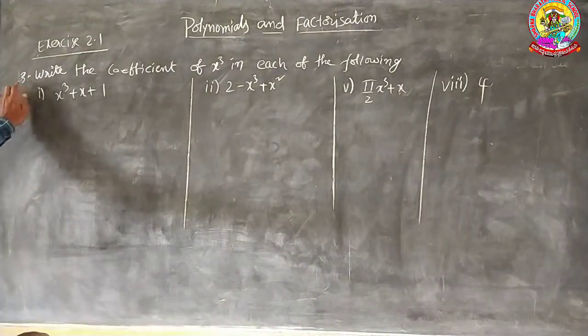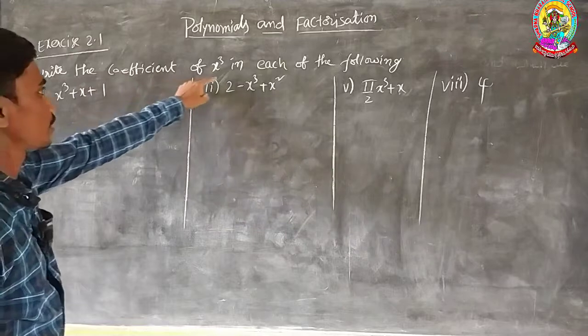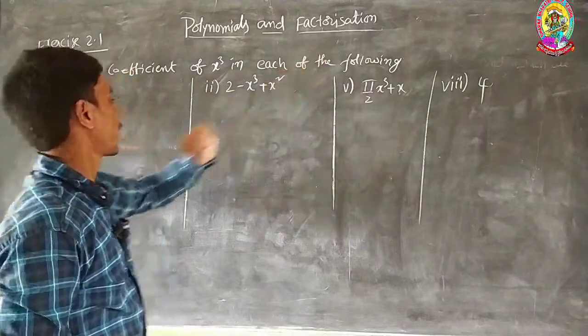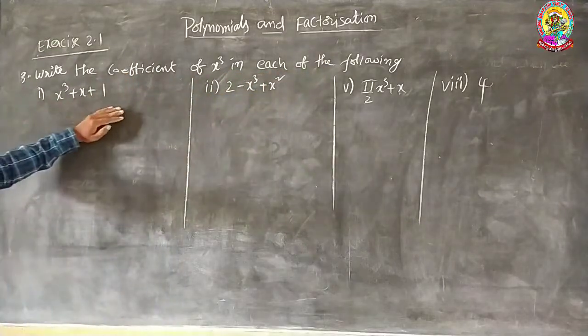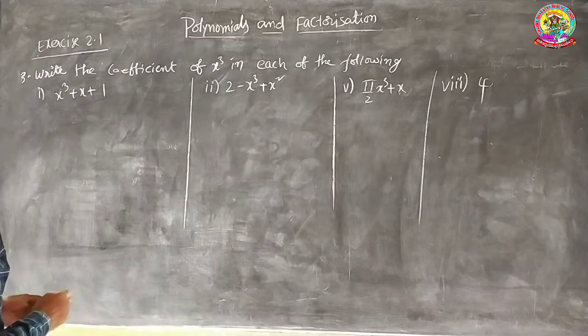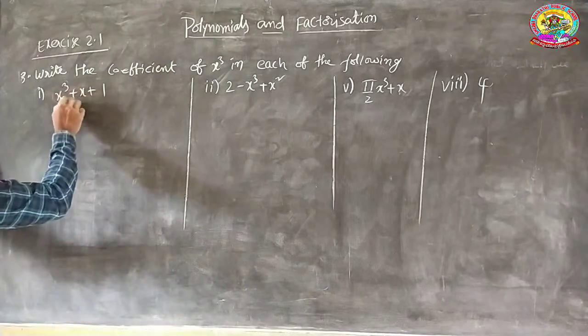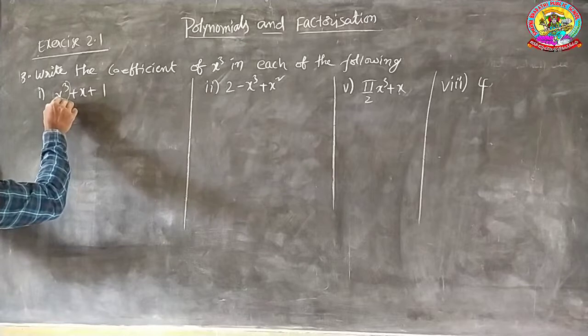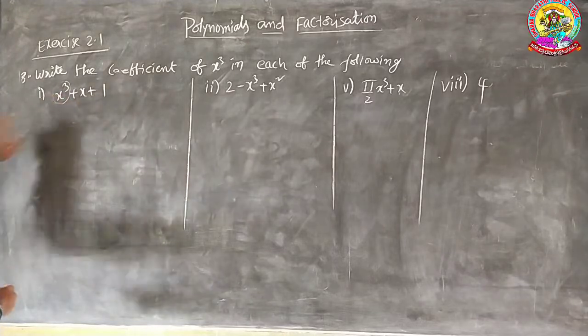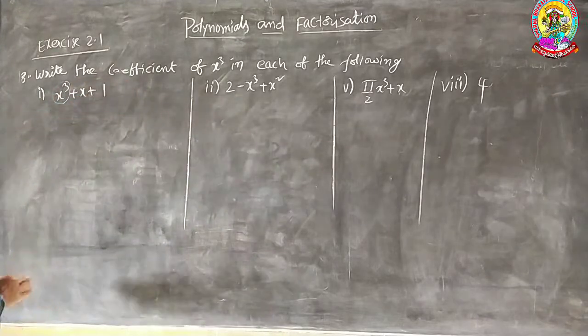Exercise 2.1, third sum: write the coefficient of x cube in each of the following expressions. Here you have to find the coefficient of x cube, which means the term x cube is multiplied by a constant. You have to find out that constant.